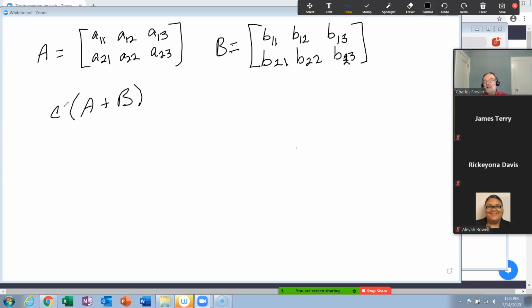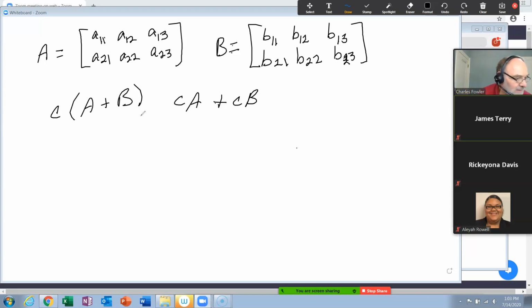You multiply it by both terms, and that's the same as C times A plus C times B. Because if you add these first and then multiply by C, then you can break that down as C times A plus C times B. I don't want to go into gory detail on that, but it's there.